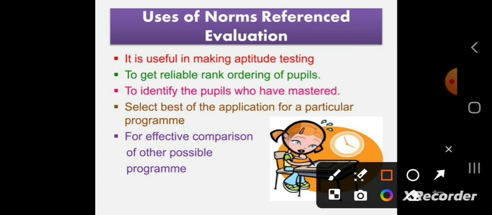Rank ordering of pupils. Norm-referenced evaluations are effective for ranking pupils by comparing their scores. This helps in determining where each student stands relative to their peers. Identification of mastery. It helps identify pupils who have demonstrated a high level of mastery in certain subjects or skills relative to others in the group.